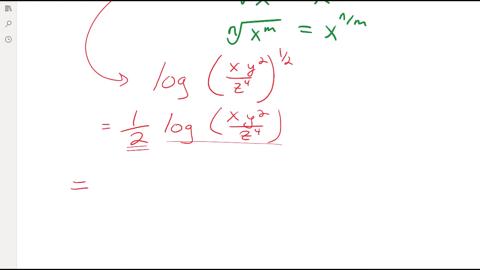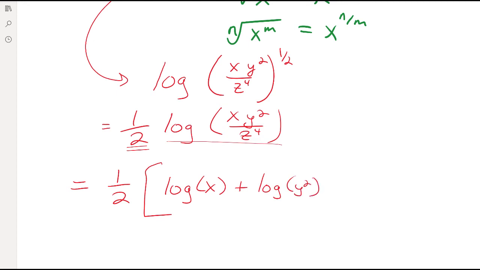So it becomes this. 1/2 times the quantity, so I'm using brackets here, of log of x, it's in the numerator so it's positive, plus log of y squared, since that's also in the numerator, minus log of z to the 4th. Okay.